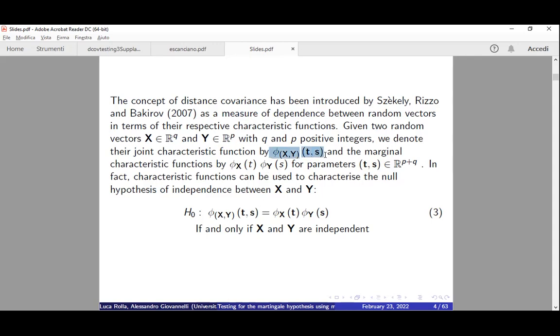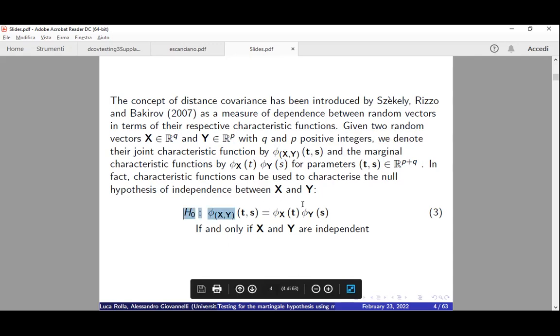Here we denote the joint characteristic function of the two variables, and the marginal characteristic functions of x and y, with parameters t and s in the exponent of the characteristic functions.